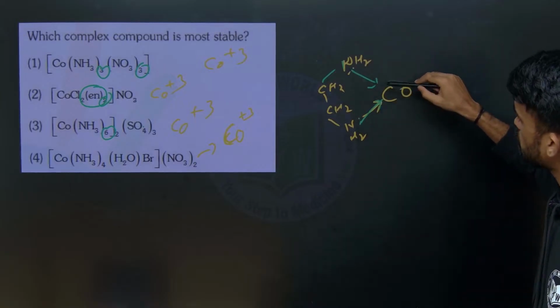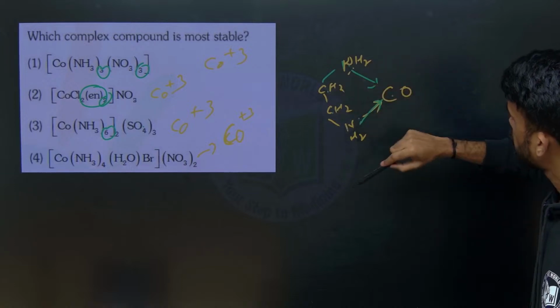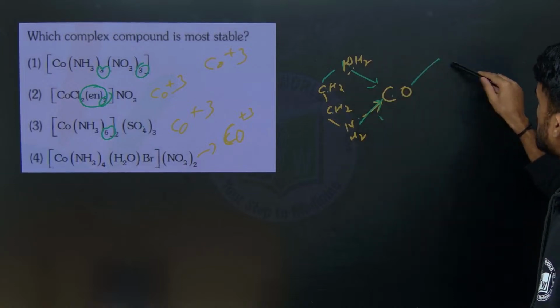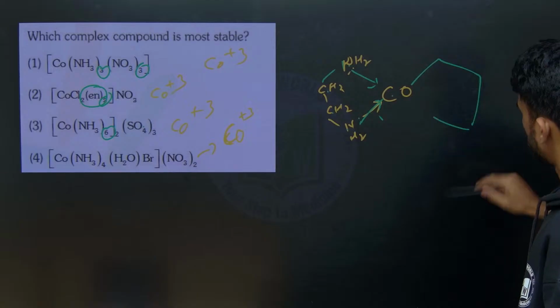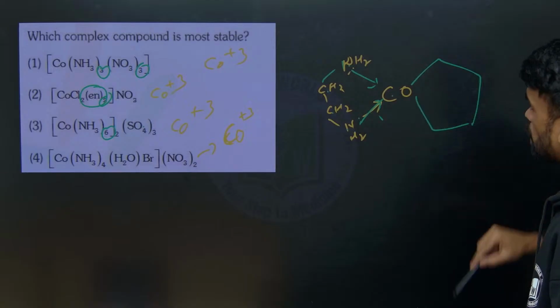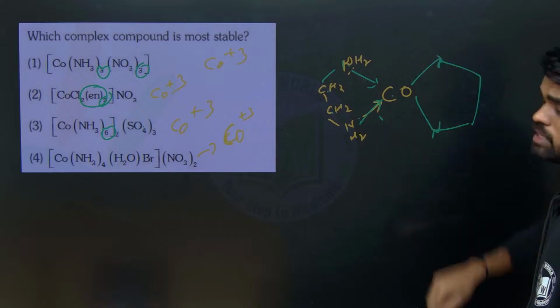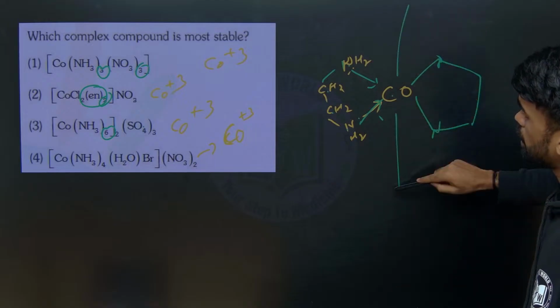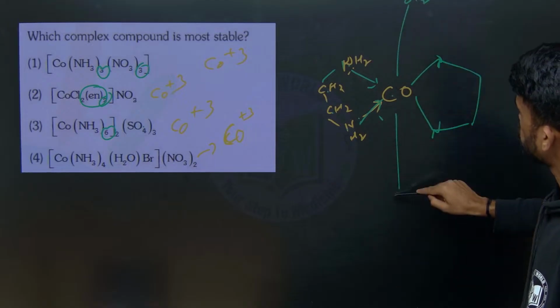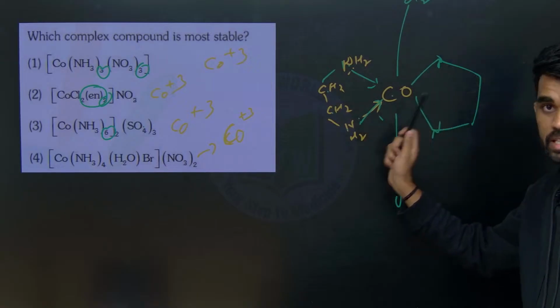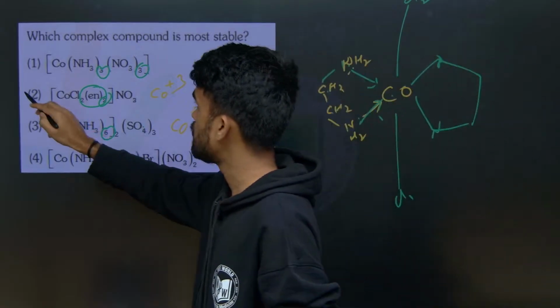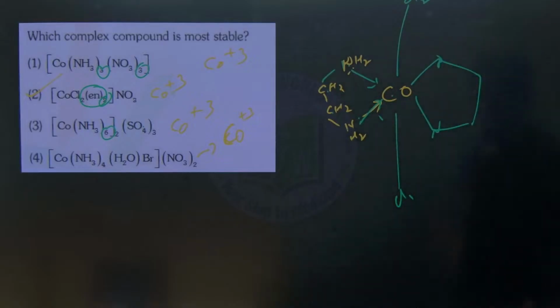See, we got a 5-member ring, 1, 2, 3, 4, 5. This side also we can get a 5-member ring, like this, and here chlorine atoms. Due to the presence of these chelate rings, the compound is highly stable. So I can go with the second option.